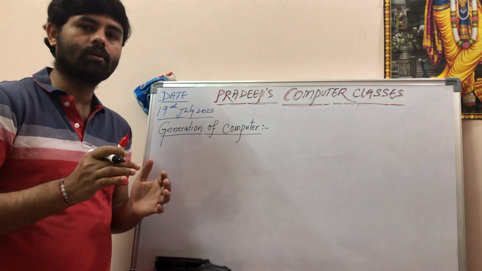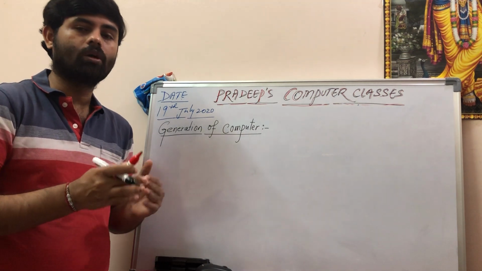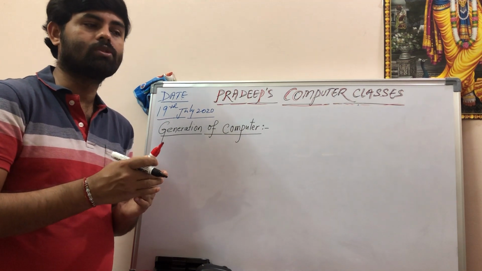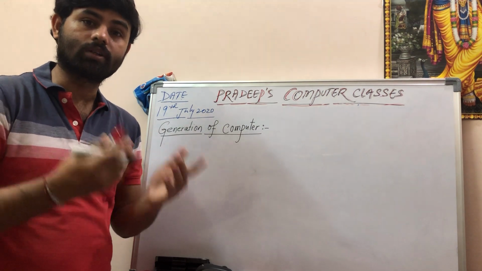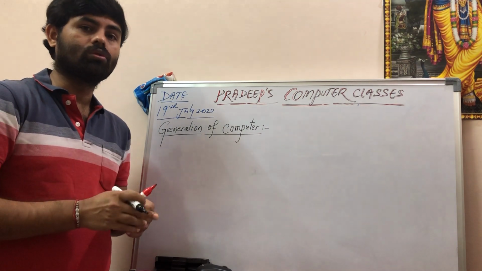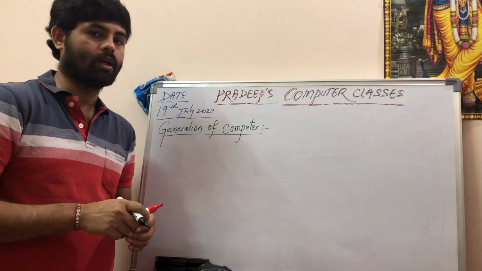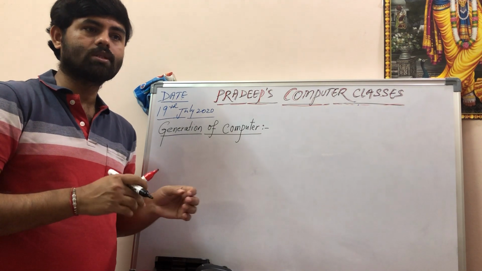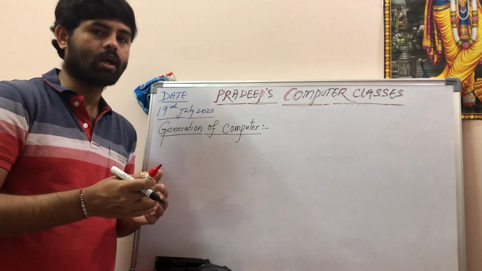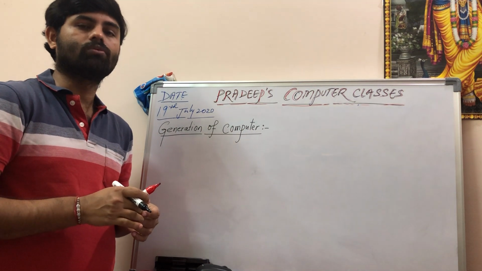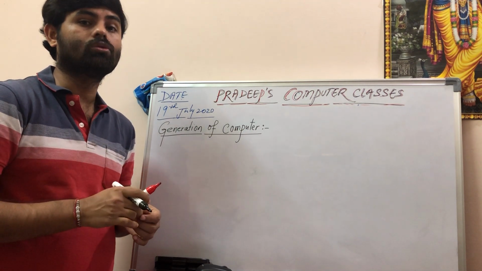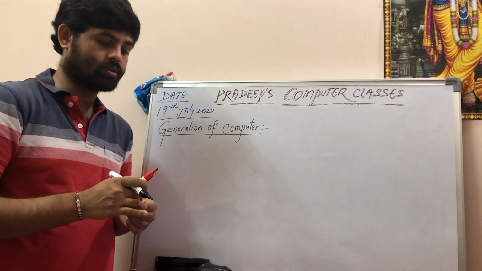So because of the changing of generation, you will see changes in the ability of understanding. The way you are working as of now, if I say something to you to understand, you will understand it very fast because you are a new, modern technology person.